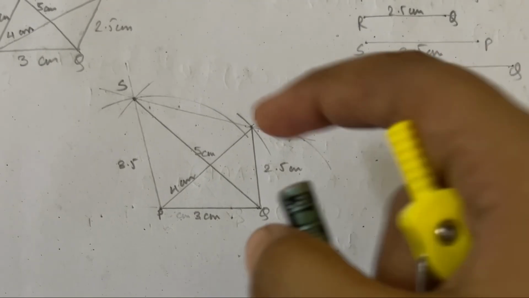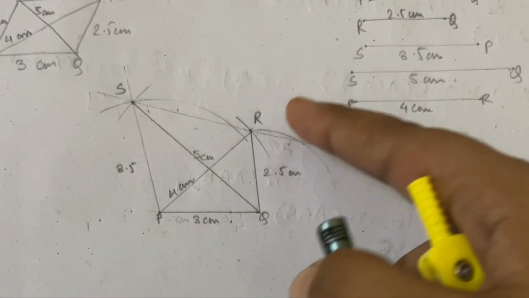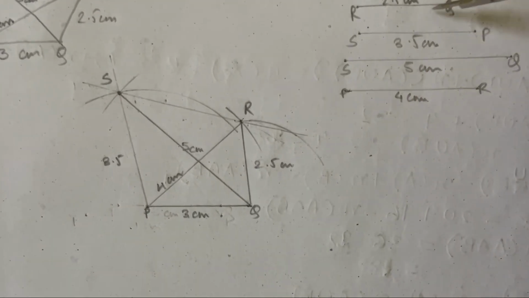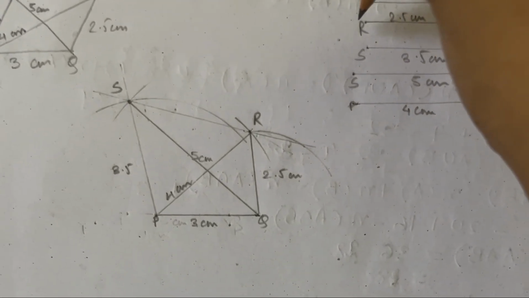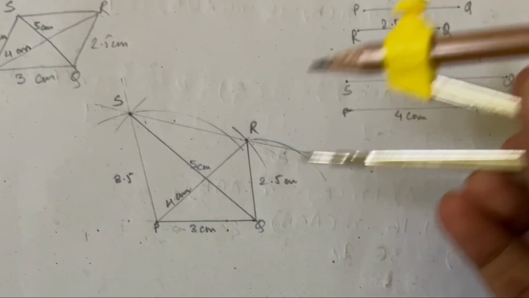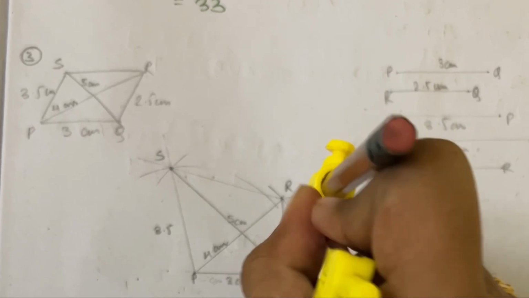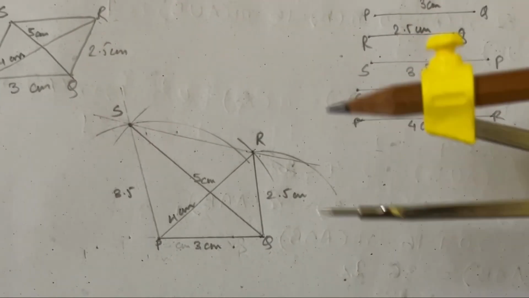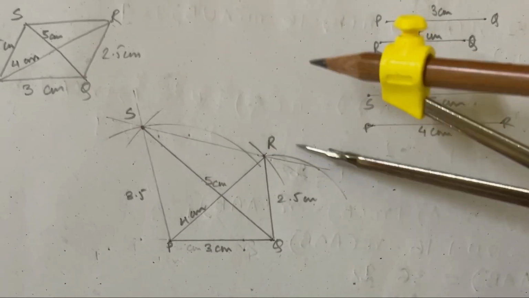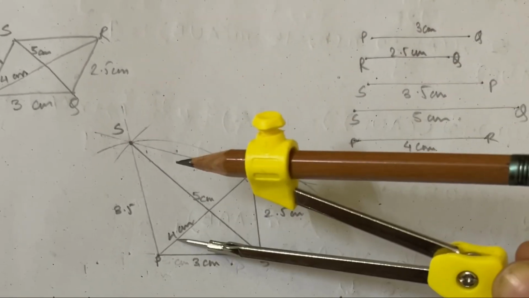After drawing an arc, similarly we do for QR, that is 2.5. We measure QR 2.5 and putting the needle at Q, we draw an arc at R. Now PR is given as 4 centimeter.